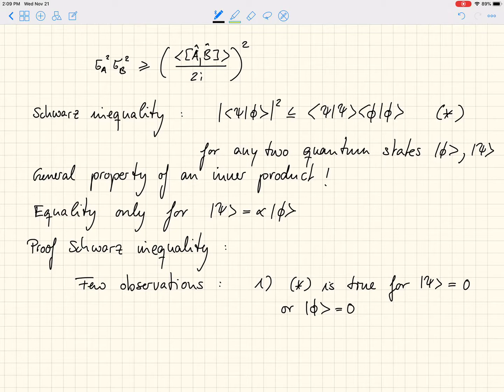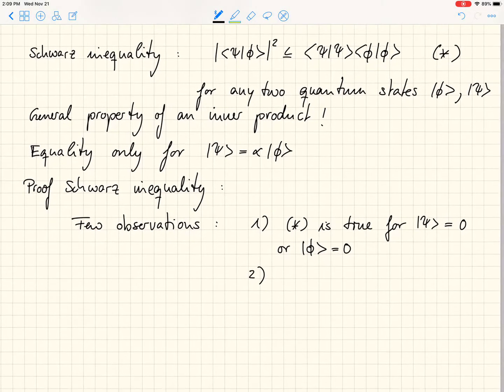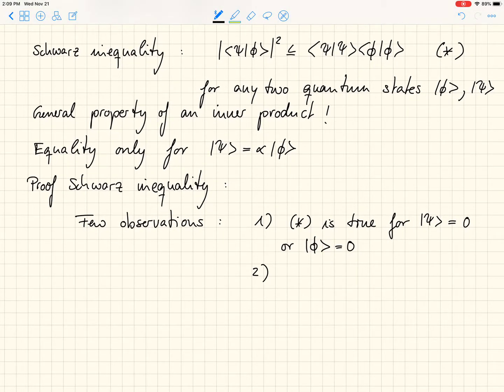And then, as we just said, star is also true for the case that psi and phi are linearly related.